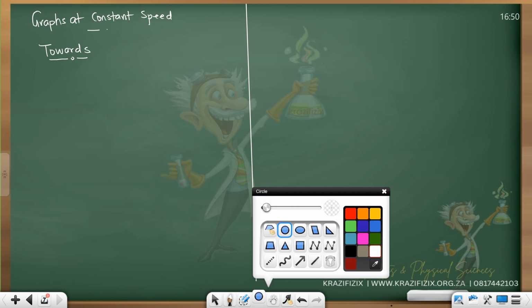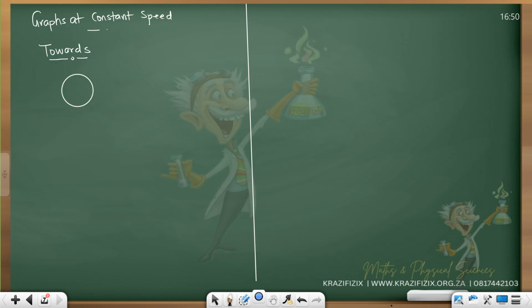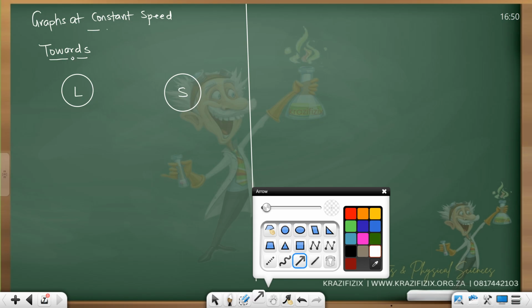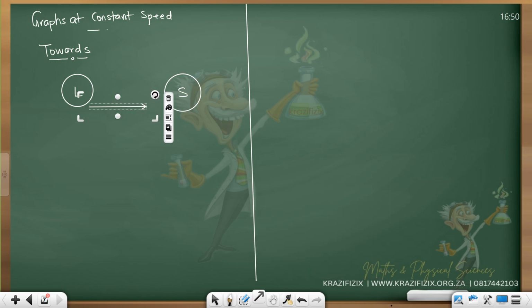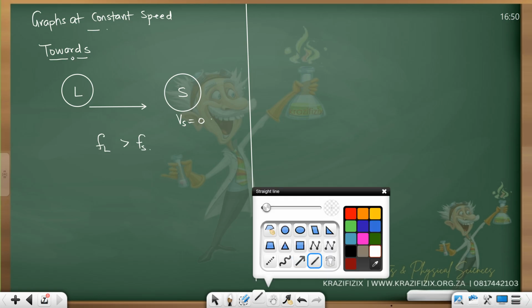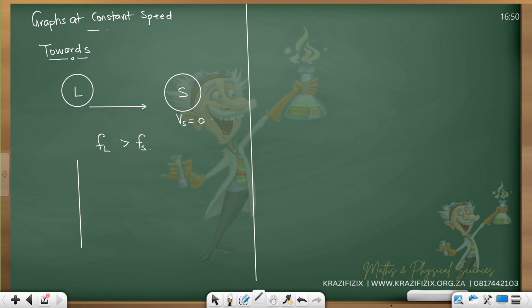So for example, if I have my two objects, listener and source, either way, let's say listener is moving towards the source. Whatever we talk about, as long as we mention towards, don't forget, the frequency of the listener will always be greater than the frequency of the source. But we are talking about constant speed.